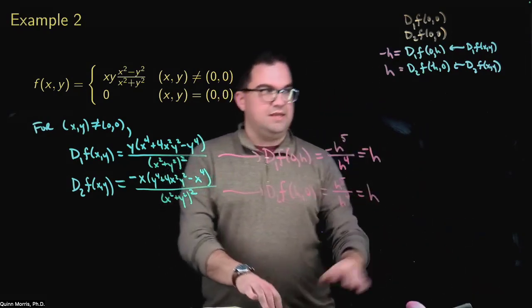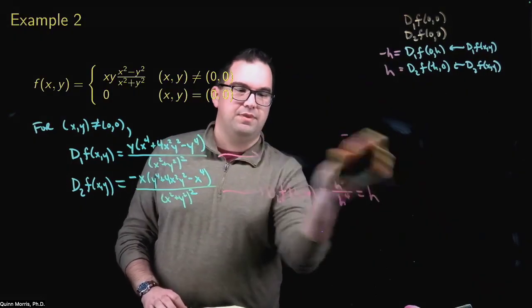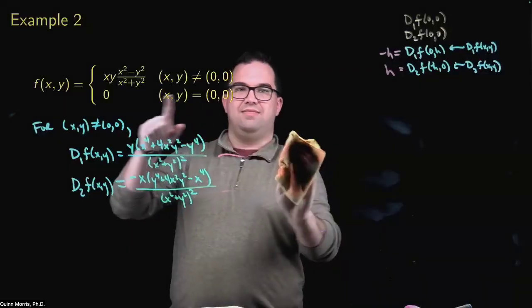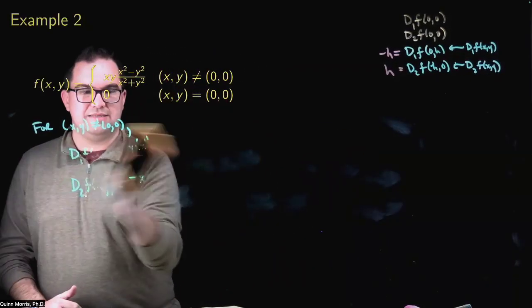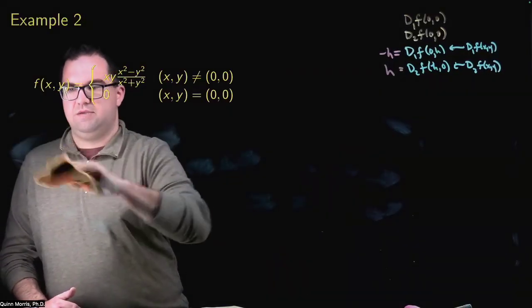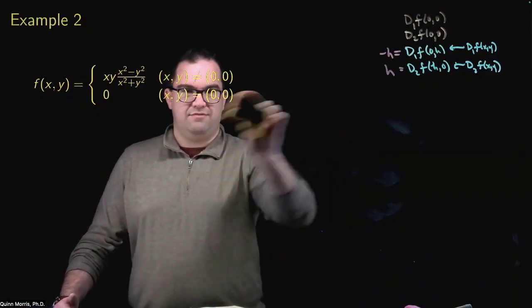Now, d1 f of 0, 0 and d2 f of 0, 0, I can't just differentiate a formula here because now I'm at this particular point, which has its own pointwise definition. So let's see what we can say there. We'll have to go back to the limit definition.